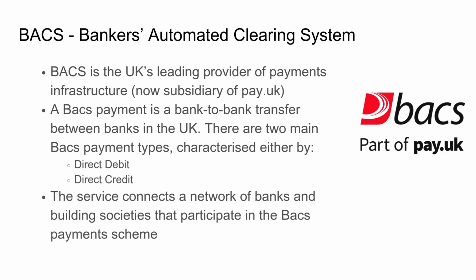This is when another party deposits money into your account. For example, a direct credit could be refunds, salary payments, pension payments, and so on. Usually, a BACS payment takes 3 working days to go through. So that's a bit about BACS, and that ends the presentation as well.